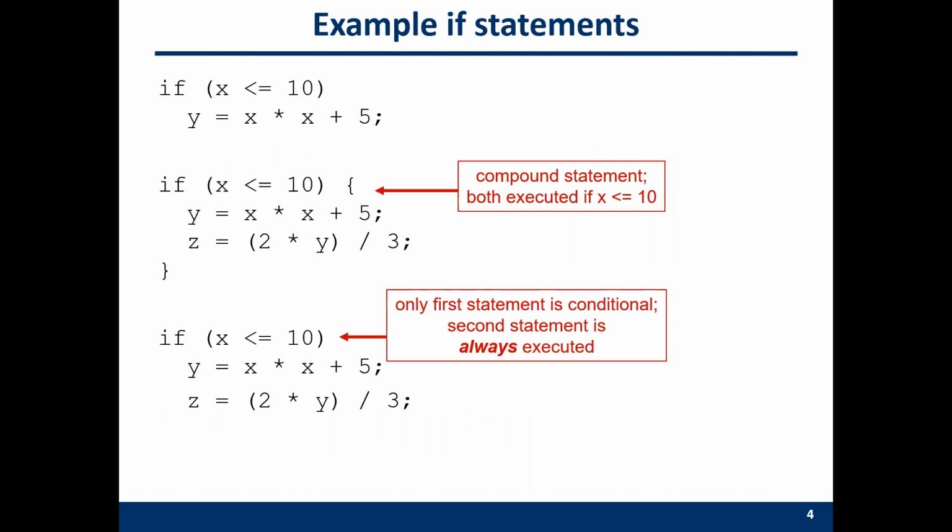However, if you have multiple sentences, this is totally different from Python. In Python, they distinguish whether a sentence belongs to the same block by the spaces here. But for C, you have to add the braces.